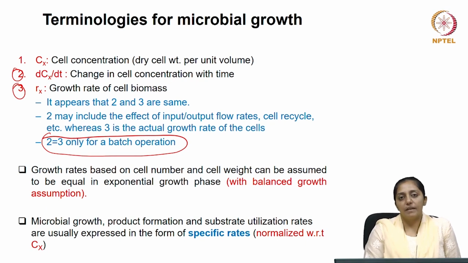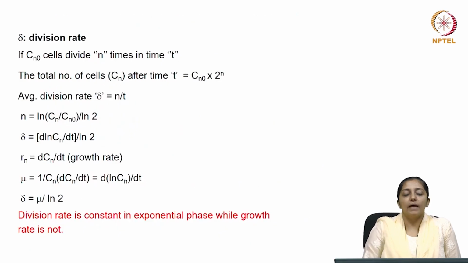When we say specific rates, it means that we will be normalizing the rate of change of substrate or the product or the growth with respect to the cell concentration. Then it will be called the specific growth rate, specific substrate utilization rate, or specific product formation rate.